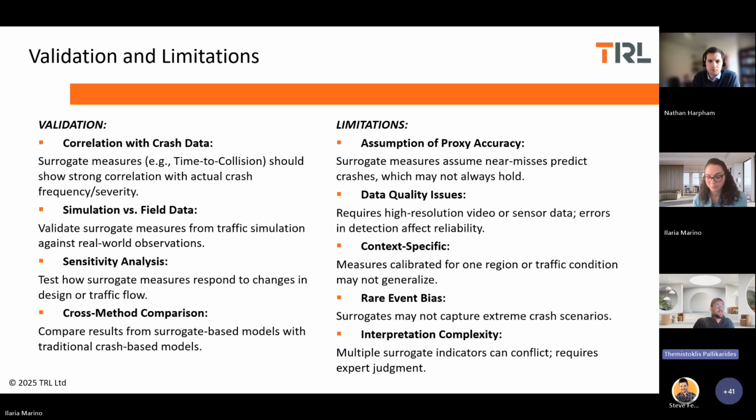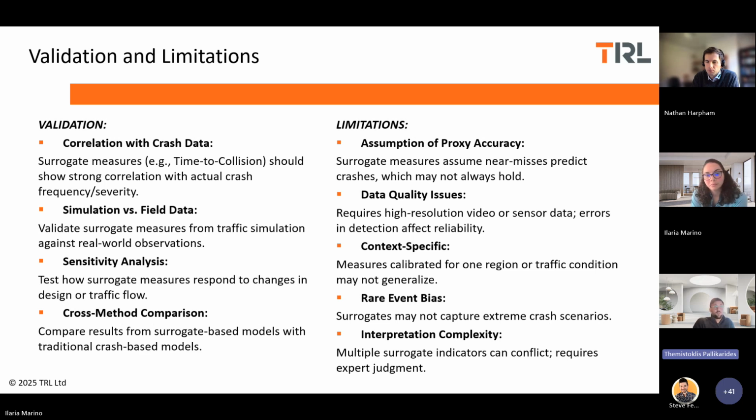Simulation versus field data, where the data from traffic simulations is validated against real-world observations. Sensitivity analysis, which tests how surrogate measures respond to changes in design or traffic flow. And cross-method comparison, which compares results from surrogate-based models with traditional crash-based models.